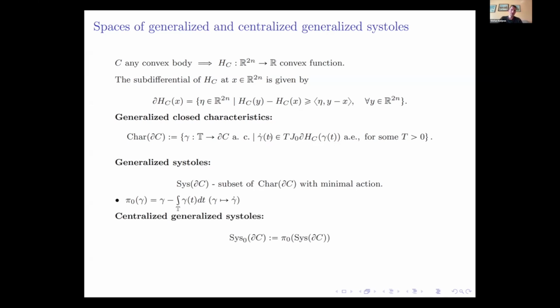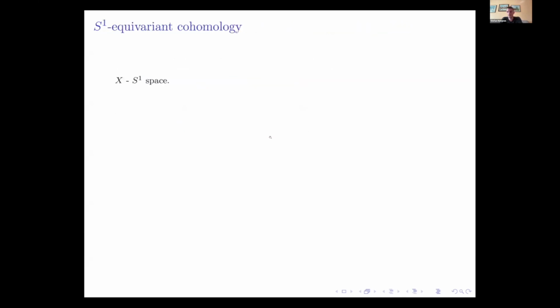And then the most important thing at this part for these spaces is that they actually possess a natural S1 action. So we have a natural S1 action on these spaces given just by reparametrization, and therefore to the space of systoles and centralized systoles we can associate some topological invariant called the Fadell-Rabinowitz index, and for that we need S1 equivariant theory.